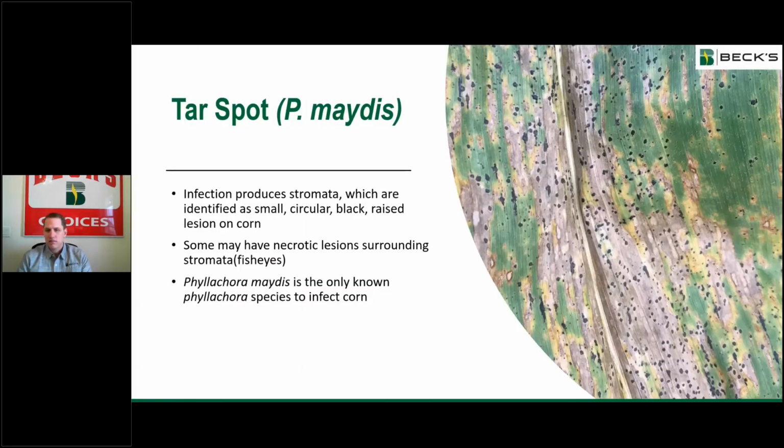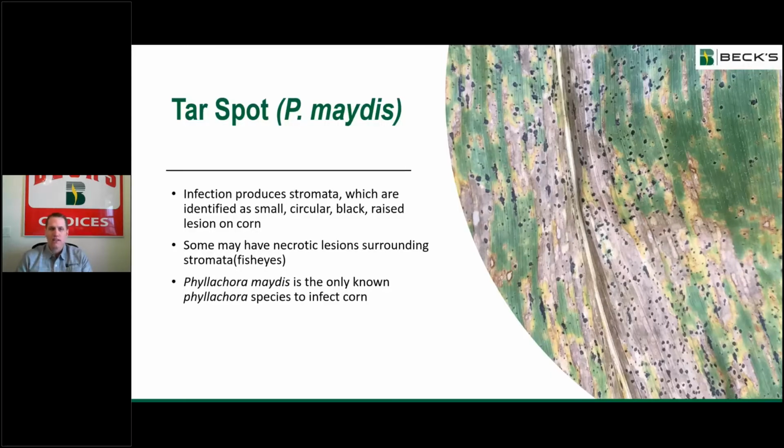A little bit more about it is it produces stromata, which are those black circular raised lesions. You're going to see those on the top side of the leaf and on the bottom side of the leaf. You can also see it on corn husk when the disease is extremely thick throughout the field. So almost all parts of the foliar portions of the corn plant are going to have this tar spot look to it.